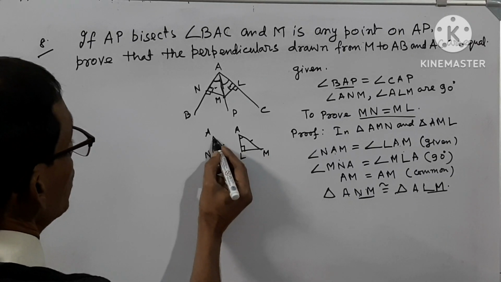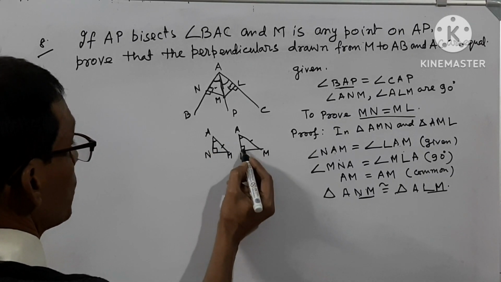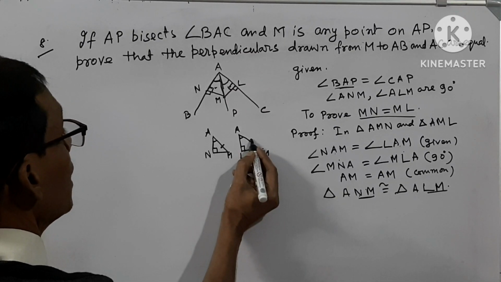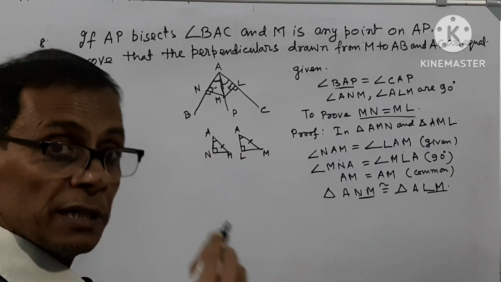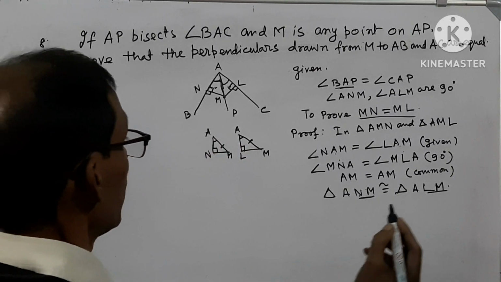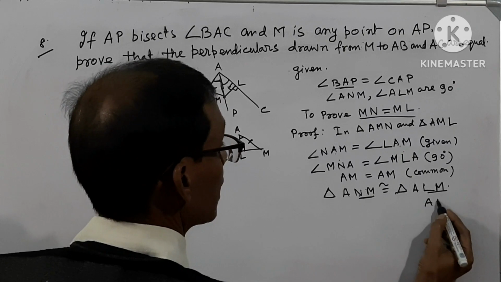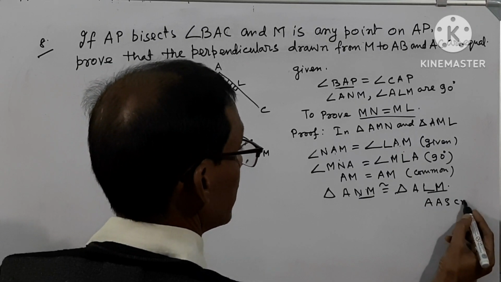Now see, these two angles are corresponding and this side is corresponding. So two angles and one side, but the side is not in between, so I will say angle side criteria.